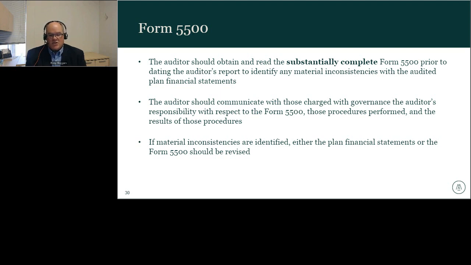Having your non-discrimination testing completed, or getting information from the actuary if it's a defined benefit plan, for example. So really get out in front of that this spring. Make sure that the 5500 preparer gets the information they need to complete that draft, and know that we as auditors really do need to see a substantially complete 5500 before we can issue.